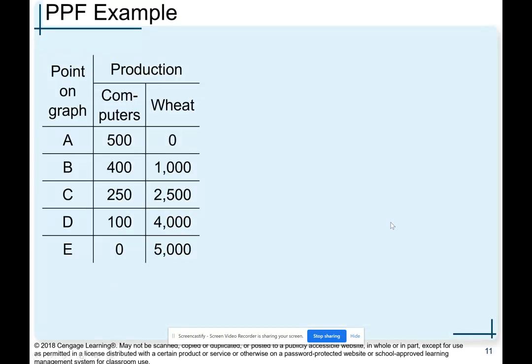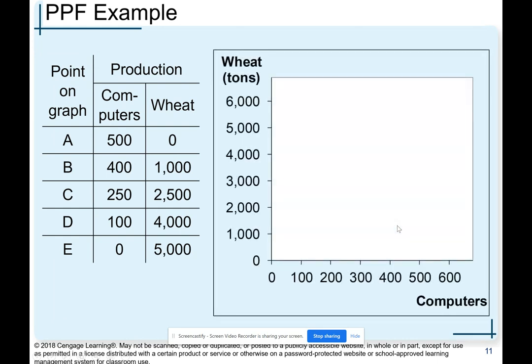This can be represented in a two-dimensional graph. And in that two-dimensional graph, we measure computers on the horizontal axis and wheat measured in tons on the vertical axis.